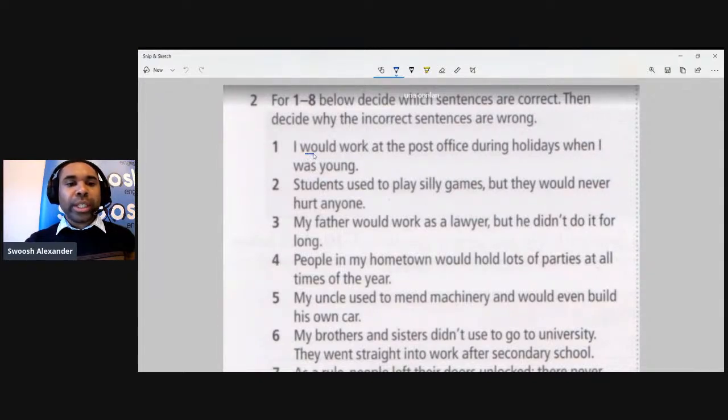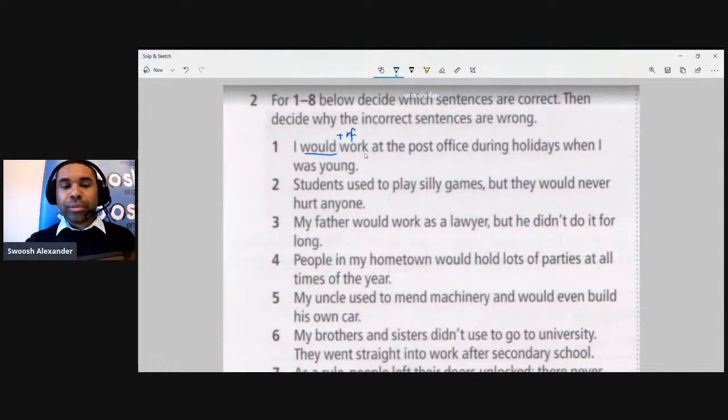So we've got would being used here, would plus the infinitive work, and we can use would plus the infinitive when we're talking about routines or habits from the past, which are actions. So in this case we have a routine to work.